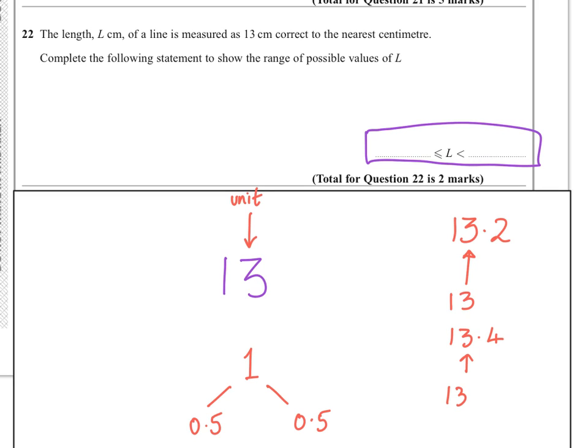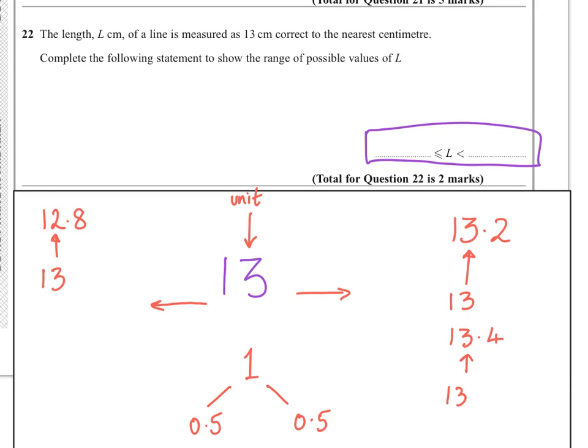So what we're trying to do is push this number as high as it can possibly be to be rounded to 13, and to have it as low as it could possibly be to be rounded to 13. So for example, if we had 12.8 and we wanted that to the nearest unit, i.e. to the nearest centimetre, we would say 13.